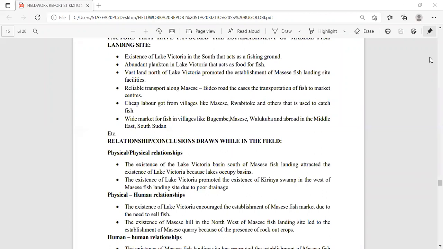Field sketching is the technique of obtaining information in the field by drawing sketch maps, transect panoramas of the areas of the field. We used the sketch map of Buya Hill.